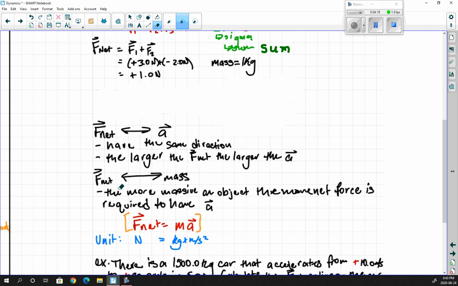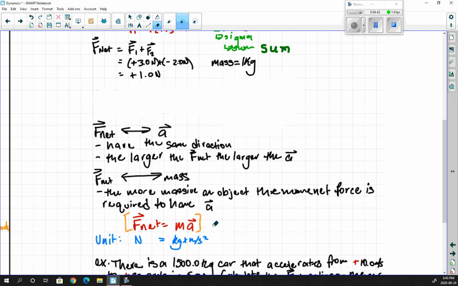And what was discovered is that the more massive an object is, the more net force is required to have some type of acceleration, which is basically saying it's harder to move larger objects, which you've probably known your entire life. The bigger an object is, the harder it is to accelerate, to change its motion.